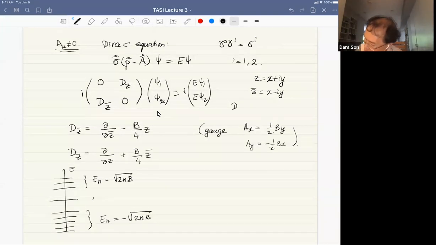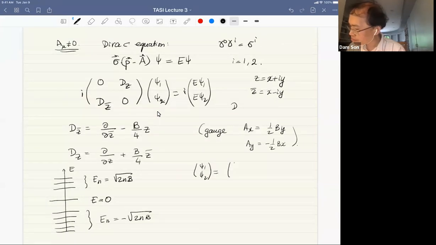But there is a mode here with zero energy, and this mode is given by the following solution. So psi 1, psi 2, I think here just psi 2 is 0. But psi 1 satisfies a first order differential equation. The situation is similar to what happened in supersymmetric quantum mechanics.